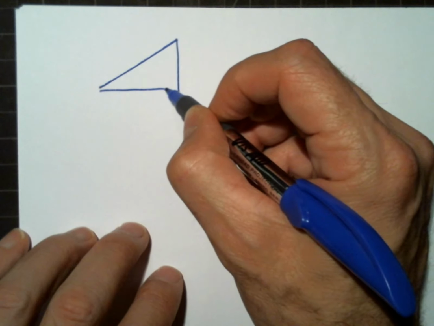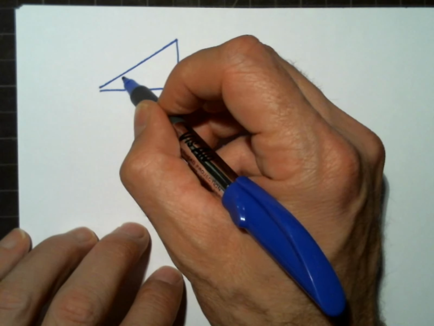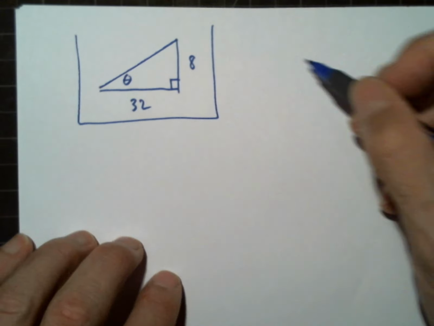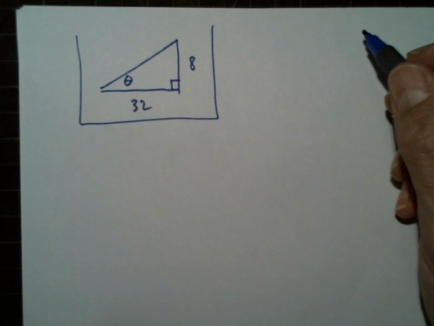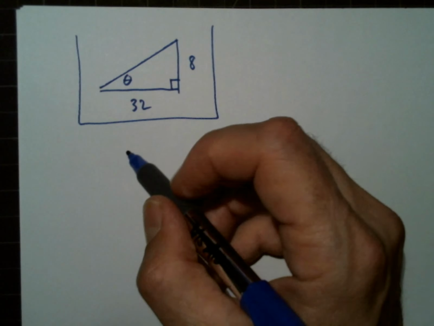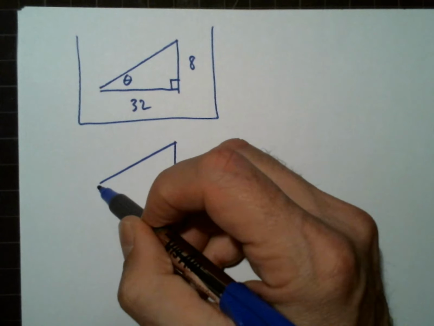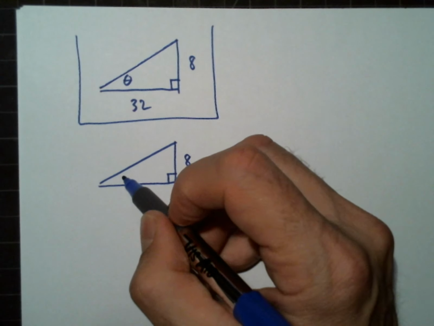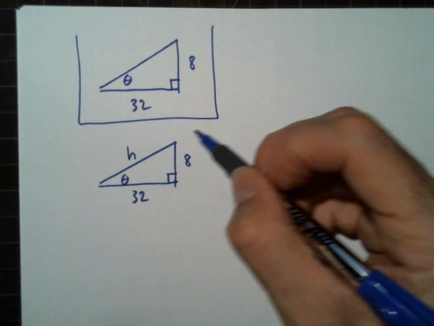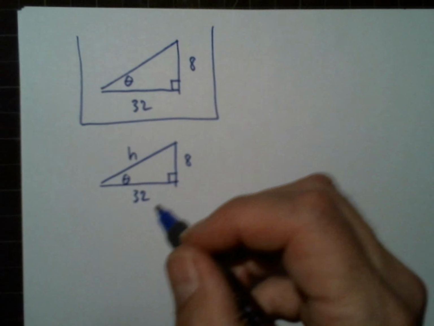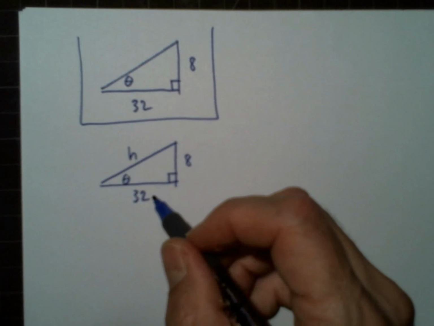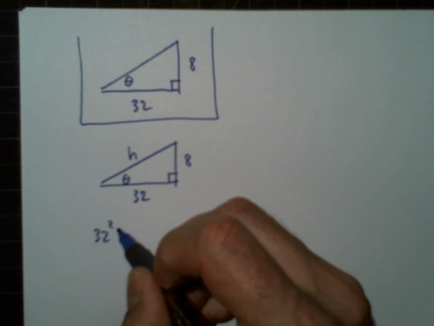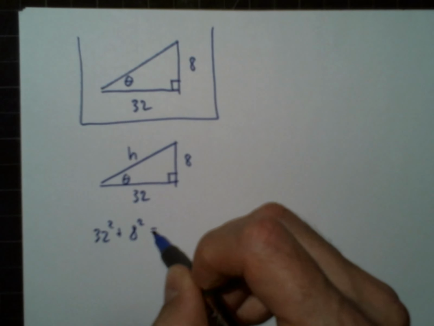All right, same question. Try pause the video and try that one. All right, we have the 2 legs, so we'll go 32 squared plus 8 squared.